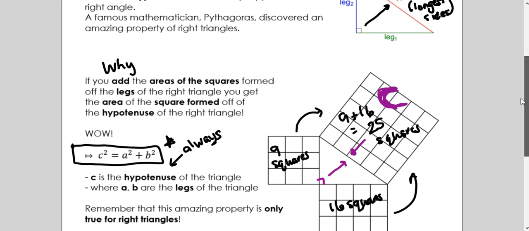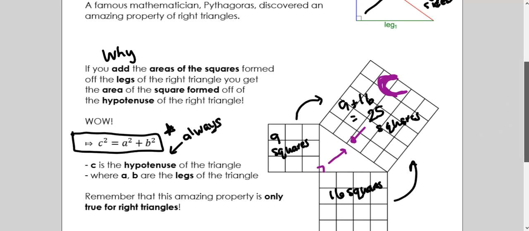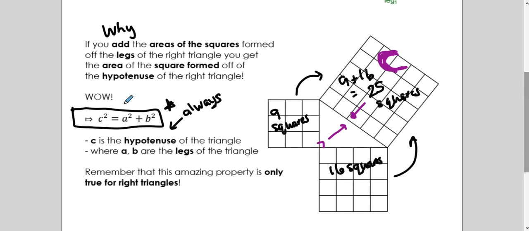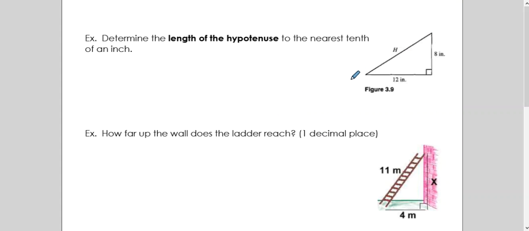And this works for all right angle triangles. So we're going to apply this to maybe finding perimeter, maybe finding area. But we can solve problems using Pythagorean theorem. That's the goal. So how do we do this?